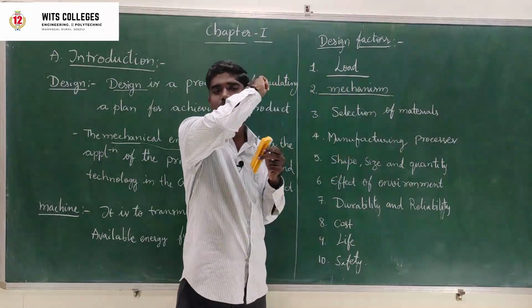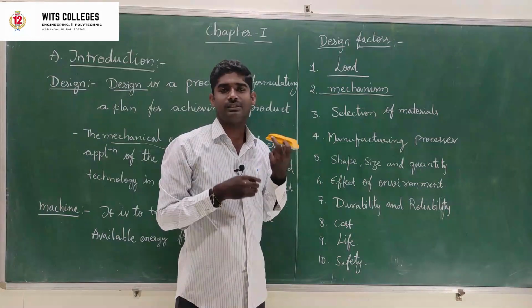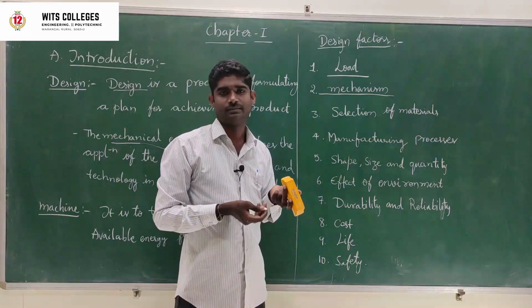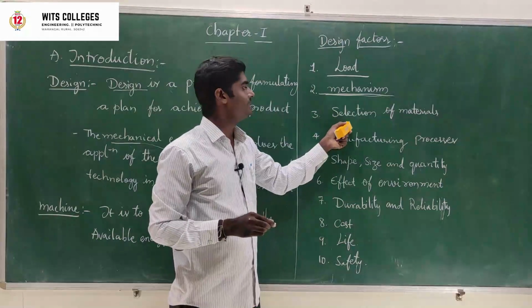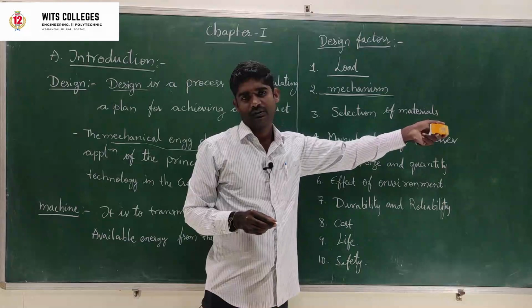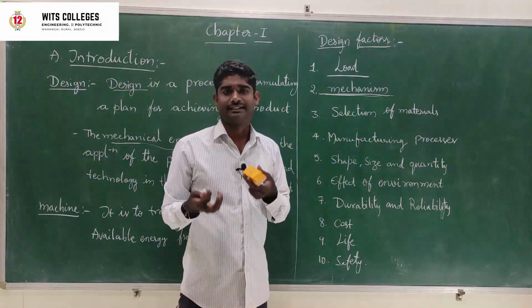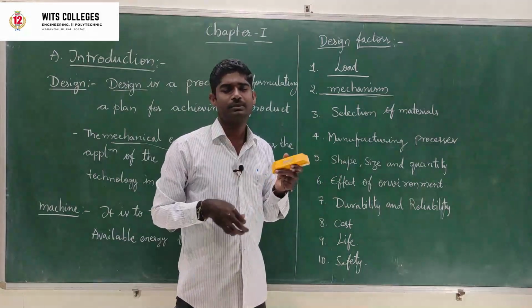If you take a shaper machine or any machine, there are some mechanisms to consider. Next, selection of material. Different materials are there: plastic, cast iron, aluminum, copper. These are types of materials.